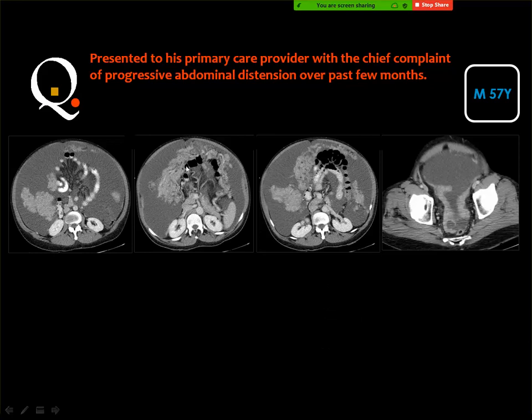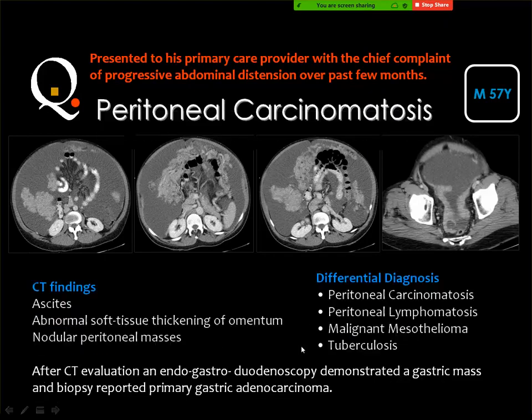But here you have an omental cake or omental deposits with massive ascites. If you see an omental lesion and you do not know the cause, these are the differential diagnoses, please remember this very well: peritoneal deposits, peritoneal lymphoma, and the primary tumor of the peritoneum, which is malignant mesothelioma.